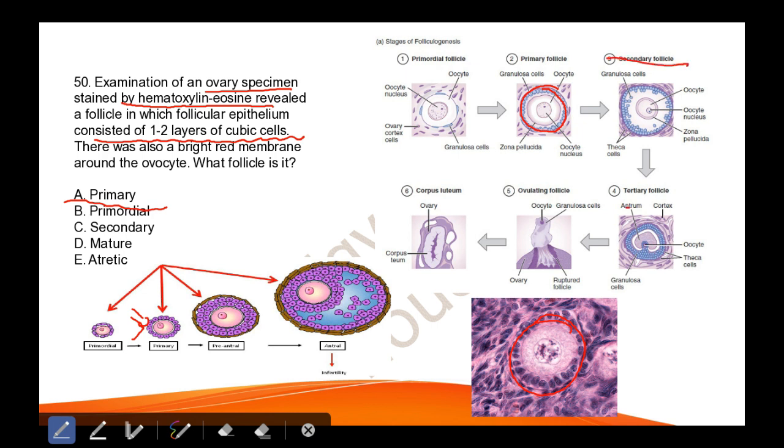Also in the tertiary follicle, we have an antrum because of the margination of the oocyte and the nucleus towards the granulosa cells. So for just one single layer or two, the primary follicle is the correct variant.